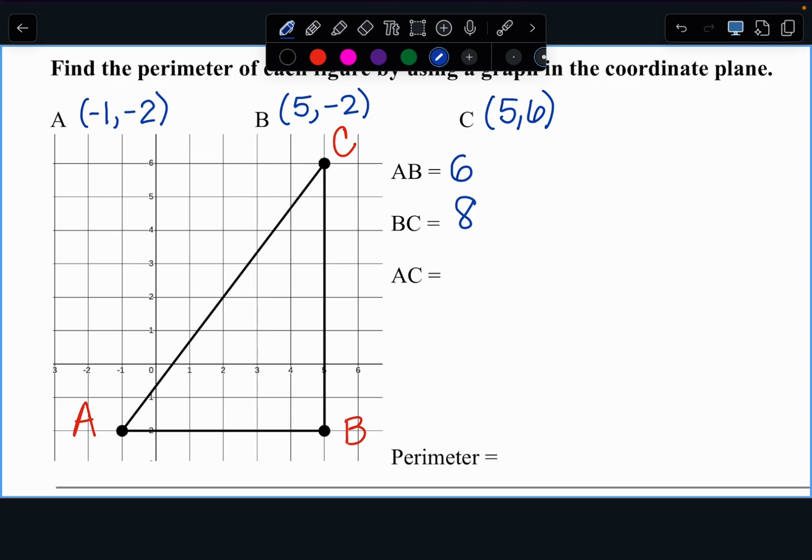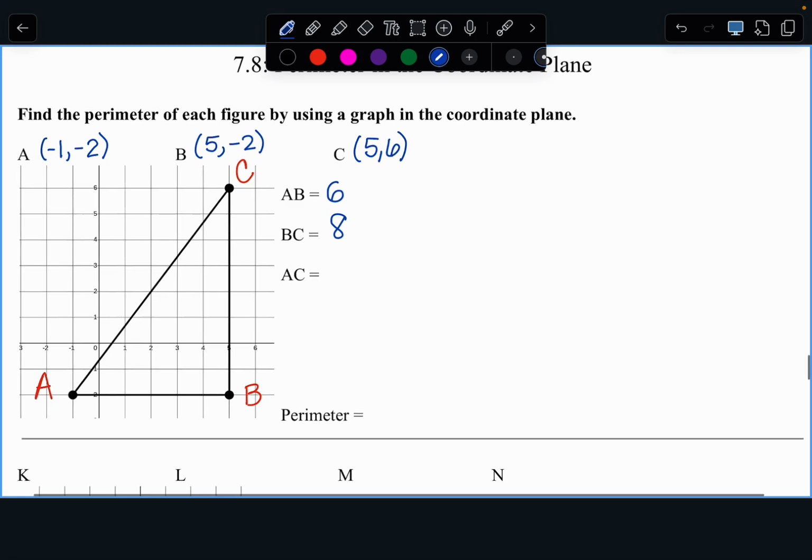But when we're going at a diagonal, what we're going to have to do is use the distance formula. So distance formula is the square root of x1 minus x2 squared plus y1 minus y2 squared.